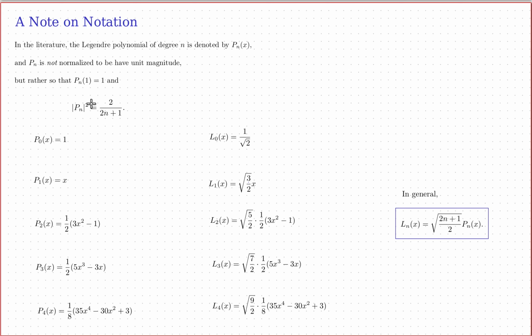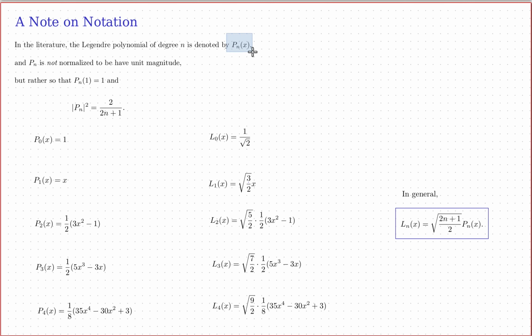Okay, a note on notation. You will find if you look Legendre polynomials up in our textbook, in a reference book, or on Wikipedia, they're given a little differently. First of all, they're denoted by P sub n, P for polynomial instead of L for Legendre. So this is how they're usually denoted.